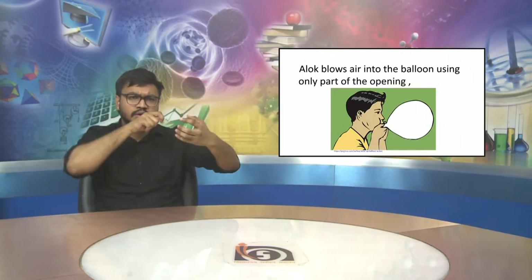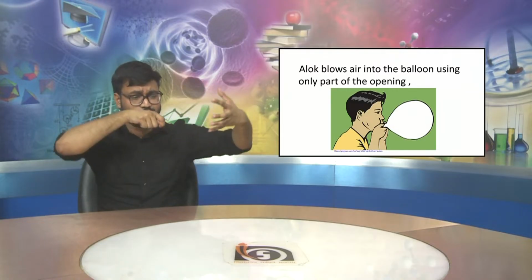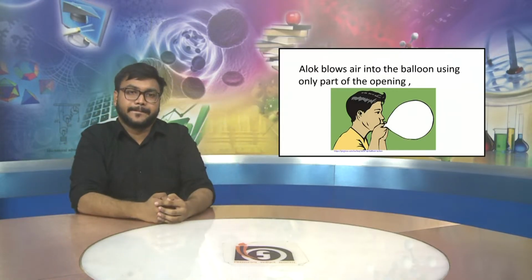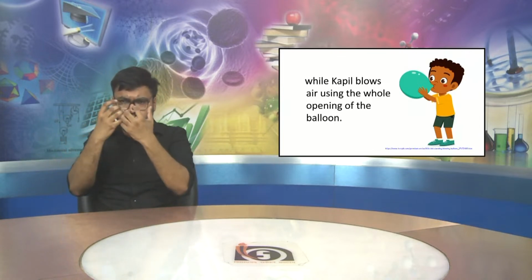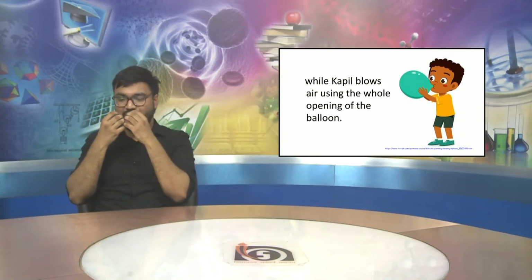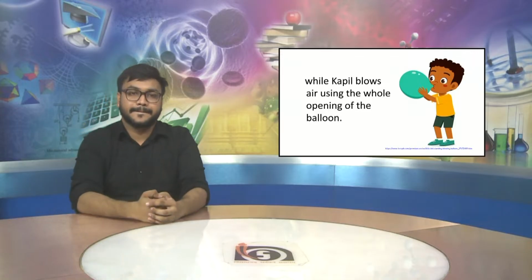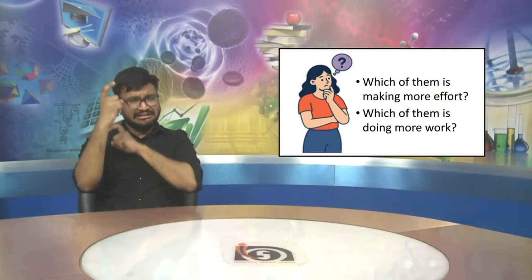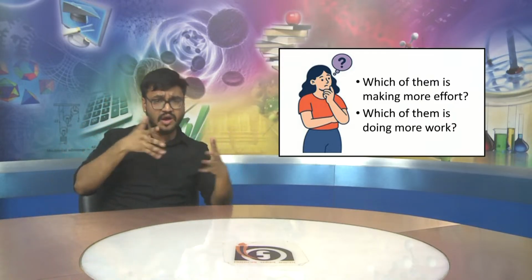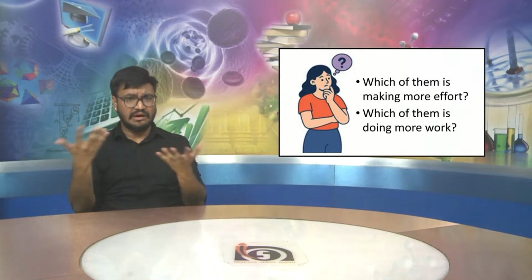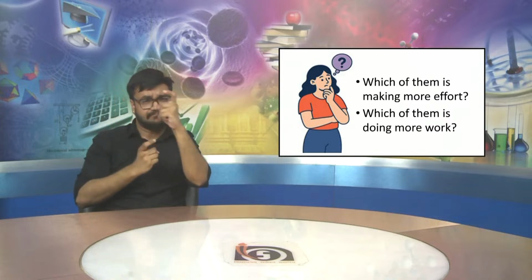Alok blows air into the balloon using only part of the opening, while Kapil blows air using the whole opening of the balloon. Now the question is which of them is making more effort and which of them is doing more work.